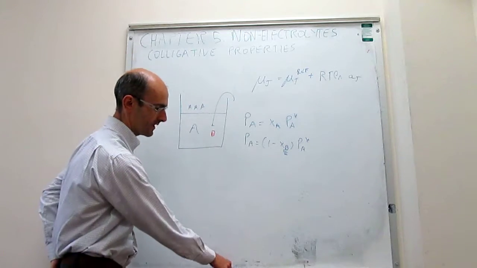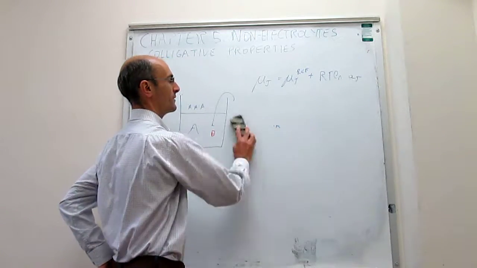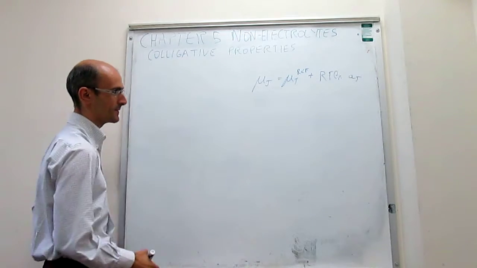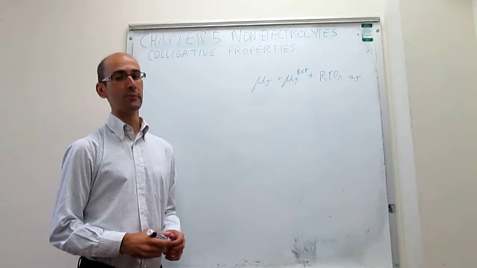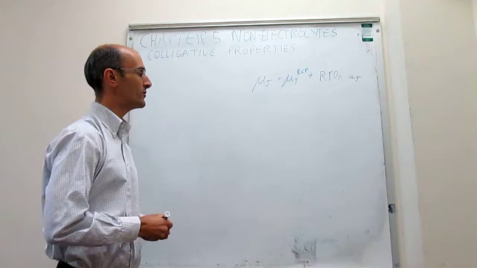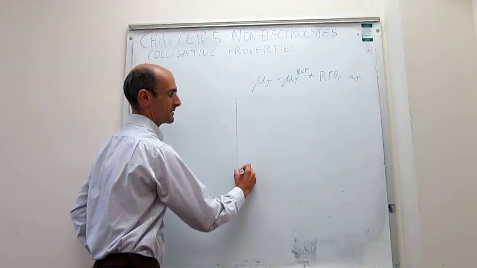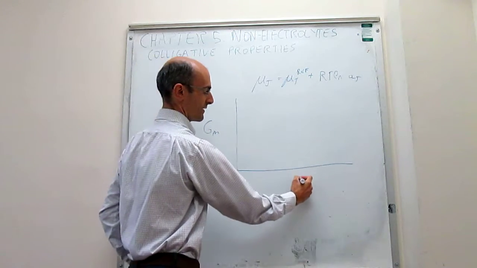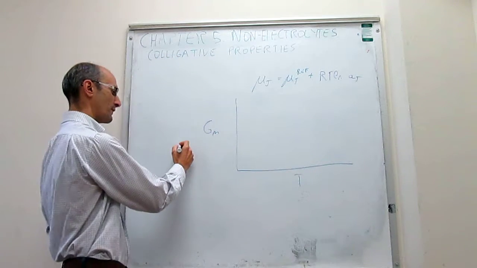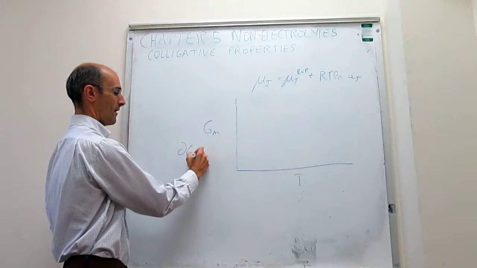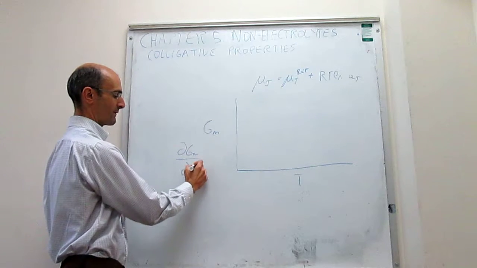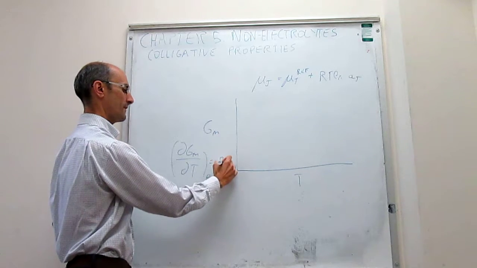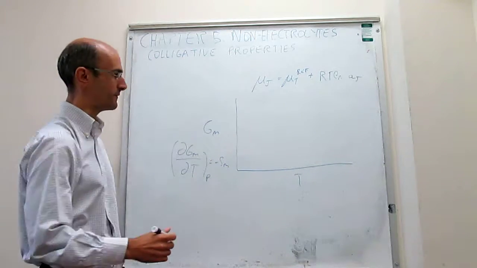Alright, so let's try to see the story behind the boiling point elevation and freezing point depression of a solvent. Last chapter, when we were studying pure substances, we learned about graphs that told us how the molar Gibbs energy of a pure substance changed with temperature. Remember that this equation came from the first derivative of the molar Gibbs energy with respect to temperature at constant pressure, and that is the minus molar entropy of each one of the phases.